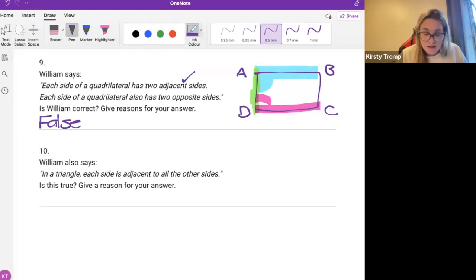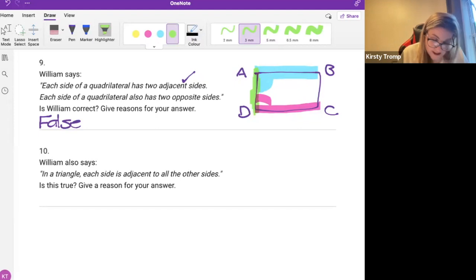Definitely not. Each side of a quadrilateral has 2 opposite sides. So for side AB, which side is opposite to side AD? DC, BC, that's the opposite side. So how many sides are opposite to AD? Only 1.